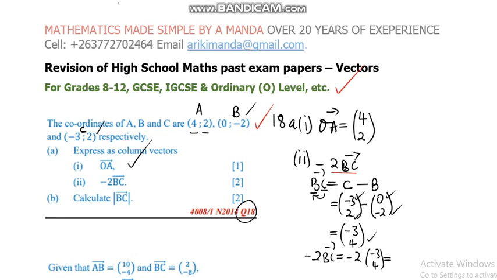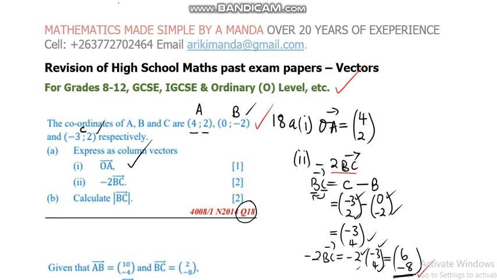What is -2 times -3? We get a positive 6. What is -2 times 4? We get -8. This is the answer. So our vector -2 BC will give us (6, -8). We are done with part 2.